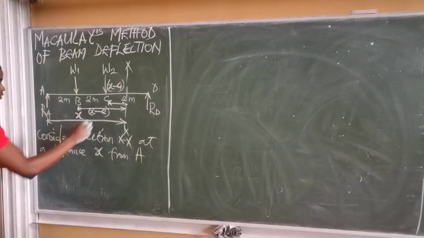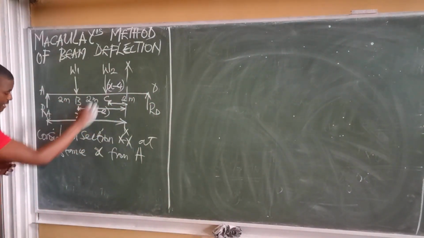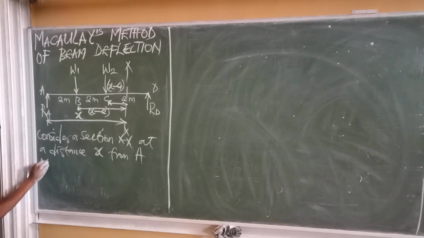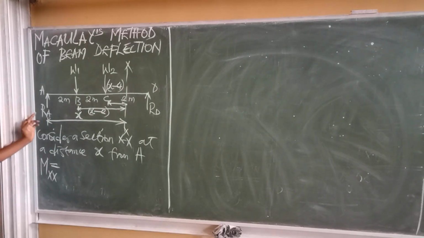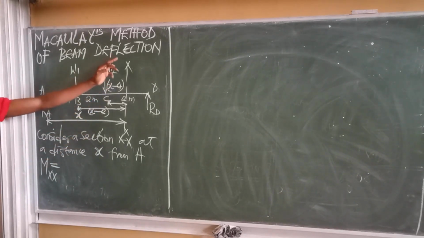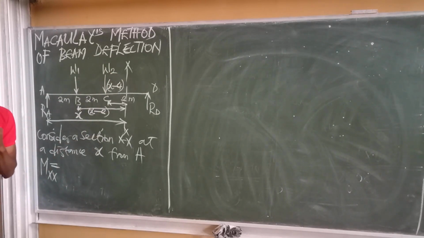So about the point of section, now the point of section is simply XX. Therefore, the moment becomes moment about XX. And this is now equal to, so we take moment from the beginning to the point of section of all the loads. So the first load we have here is simply RA, which is the reaction at point A. The moment of this force about the point of section, moment naturally is simply force times distance.